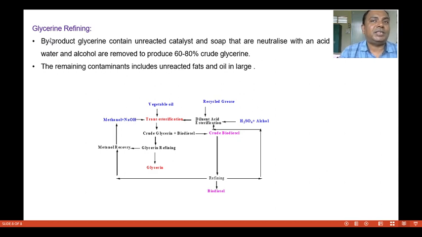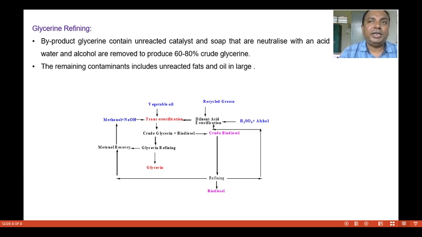So in case biodiesel is produced in the presence of acid catalyst transesterification reaction, then excessive acid must be neutralized. This is done by making it react with base, so that the acid-base reaction neutralizes one another and water is formed. Or in other way, if base catalyzed transesterification is done and excessive base is there, then it must be treated with acid so that it can be eliminated from the glycerol.